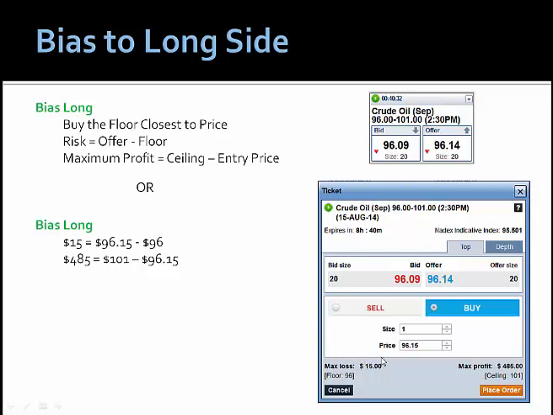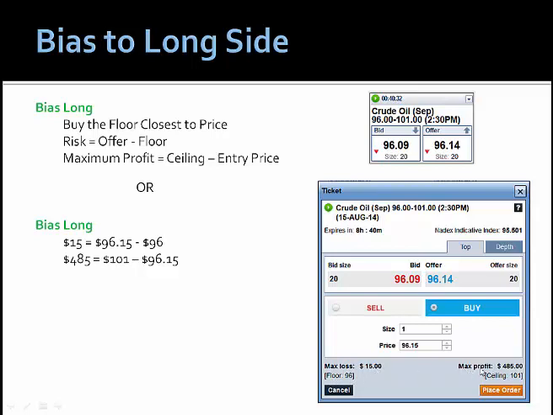Now, one of the greatest things about Nadex is the fact that all of the order entry tickets will tell you exactly what is going on when you enter a position. In this case, it tells you the floor is 96, your maximum loss is $15.